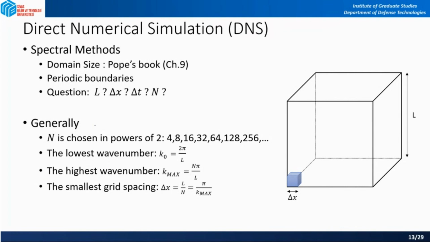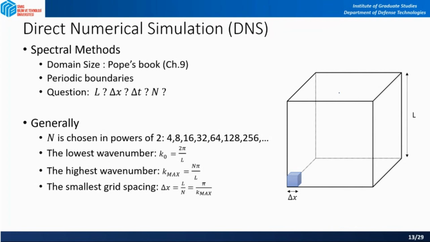So you remember that you had a simple solution domain like this cube with a side length L, and it has 6 faces, and we use Fourier series approximation. That means that we have periodic functions, so boundary conditions on all 6 faces have to be periodic.